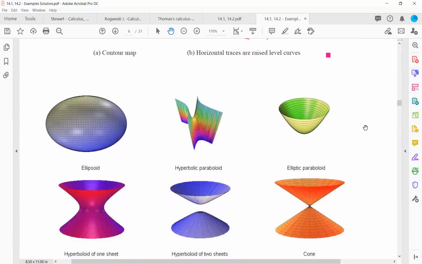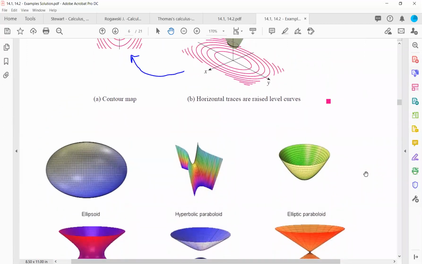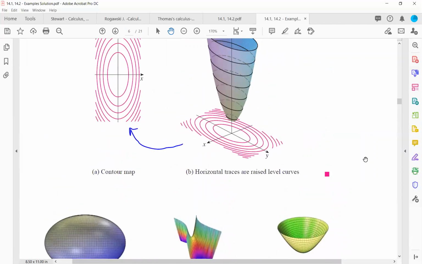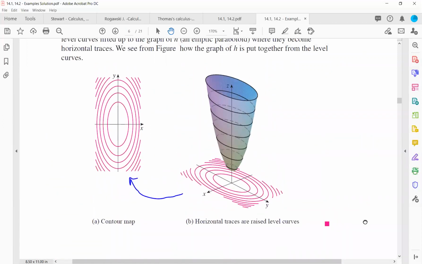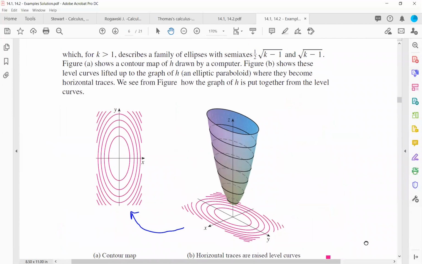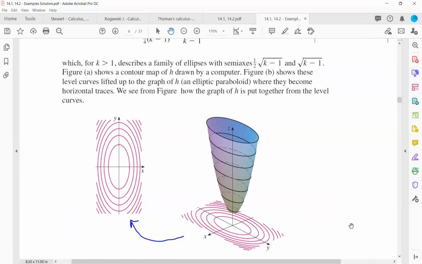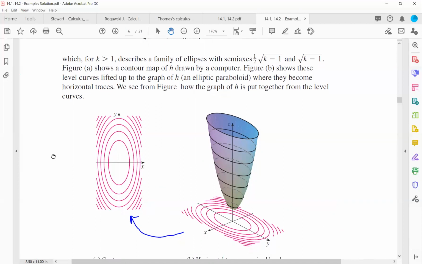By using a graphing calculator or graphing software, there are some online graphing softwares available for you, you can graph the function. This is just an elliptic paraboloid. And level curves are just ellipses in the XY plane.